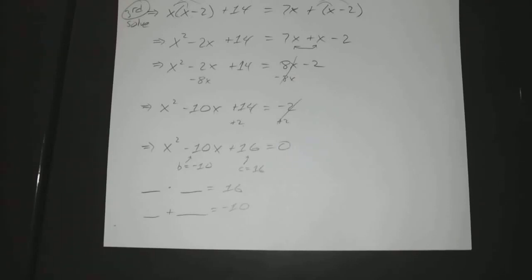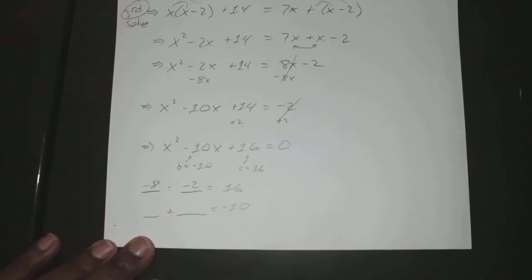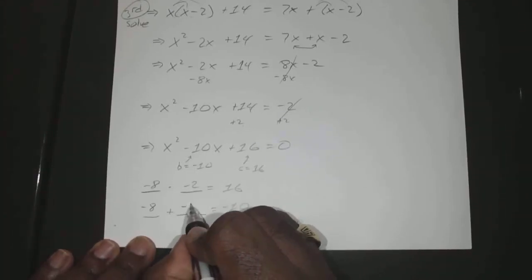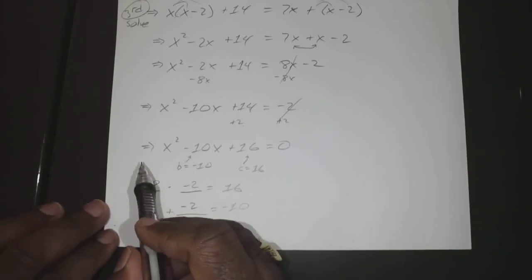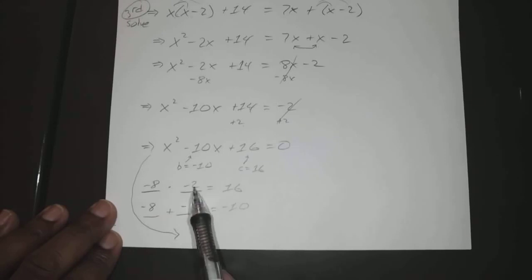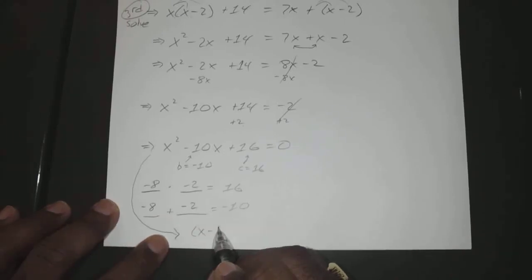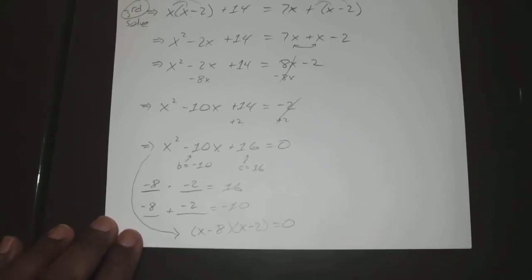Since the product is positive and the sum is negative, the numbers would both have to be negative. In this case, negative 8 and negative 2 works because they multiply to equal positive 16 and add to equal negative 10. So this will now become x minus 8 and x minus 2. So you have x minus 8 times x minus 2 equals 0.